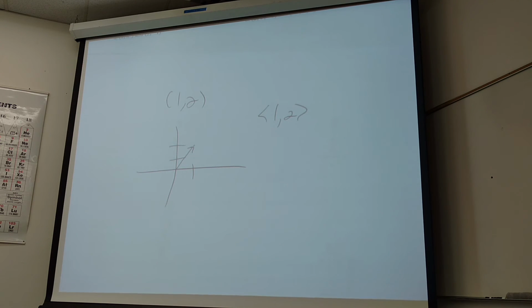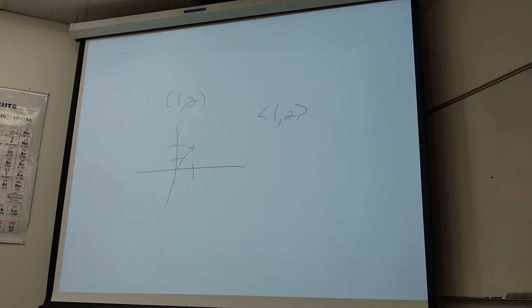So I could pick that up and put it anywhere. It would still be the vector 1, 2, because if I put it at the origin, that's the point it would point to. So the name of a vector is the point it would point to if you put the tail at the origin. The tail, of course, is at the origin. The head is where the arrow is. You guys got it? So a vector has two things that a point does not.